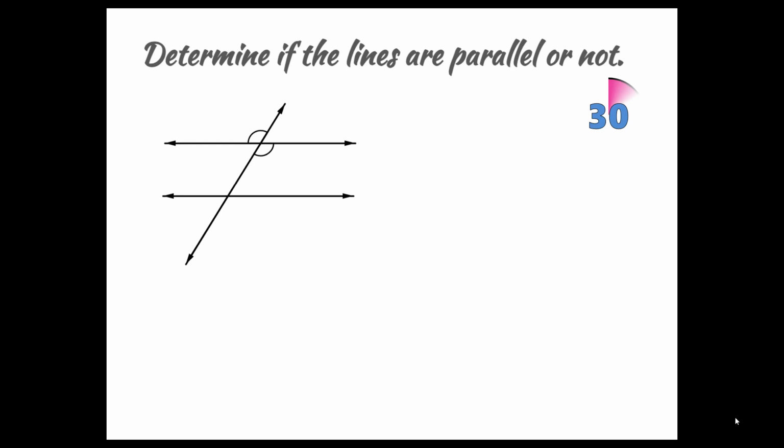All right, here's our next example. We're given two angles. We can tell that they are congruent by their curve markings. And then we need to determine if the lines are parallel or not.